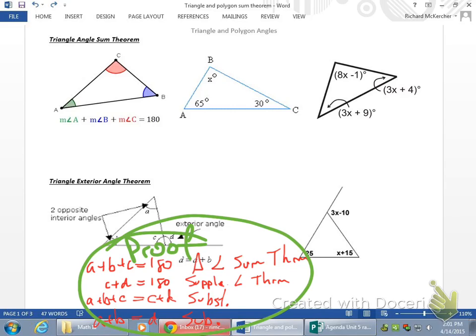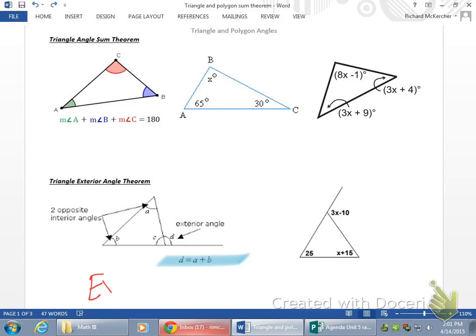Now, you don't need to see it there. It's written down right here as well. And what that tells us is that the exterior angle of a triangle is equal to the sum of the two opposite interior angles. So D is going to be equal to A plus B, and that's what this says.